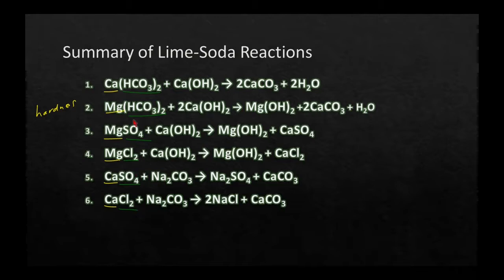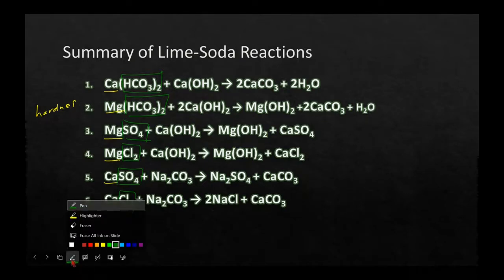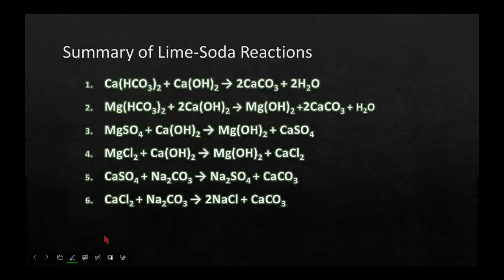So the particular anions that we have are bicarbonate, sulfate, and chloride. And the bicarbonate, sulfate, and chloride are the various species of hardness that need to be treated, right? So we've got calcium bicarbonate, we've got magnesium bicarbonate, magnesium sulfate, magnesium chloride, and calcium chloride.